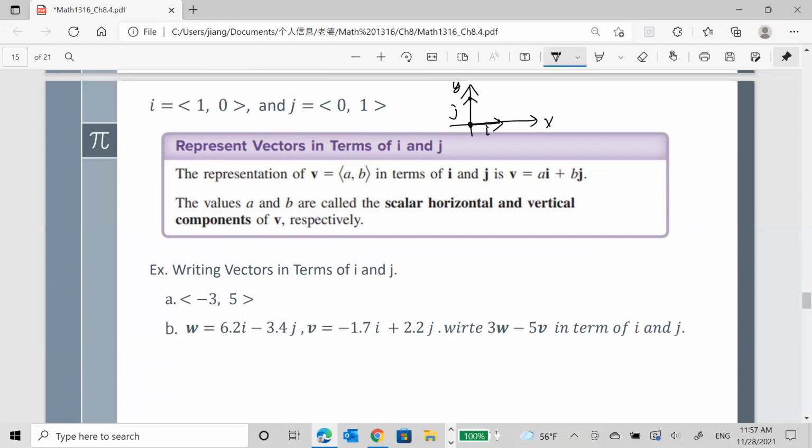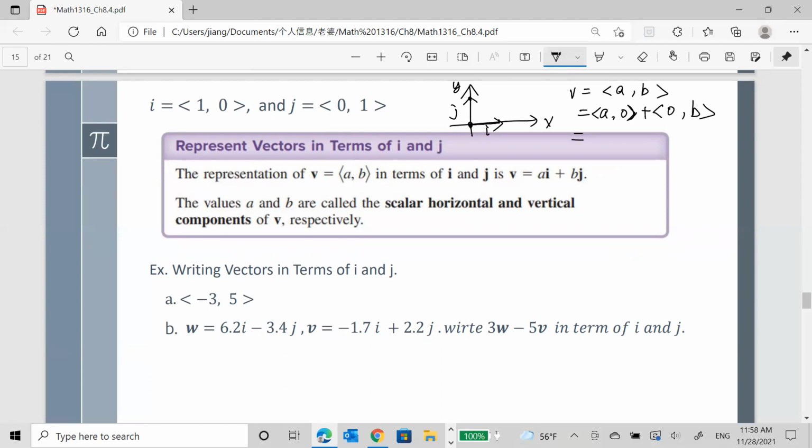So how to represent all kinds of vectors in the form of i and j? If I have vector v equals a, b, by the property of vectors, can I split it into two parts? That equals a, 0 plus 0, b. Because a and 0 add together is a. 0 plus b is b.